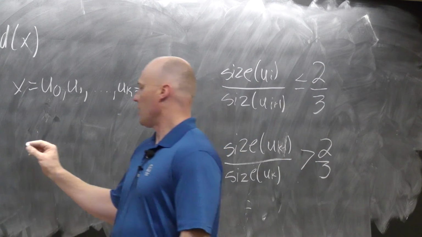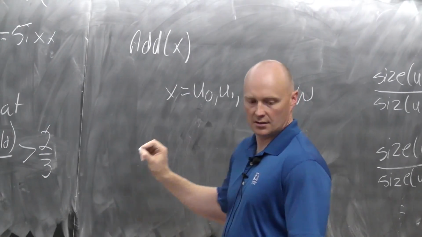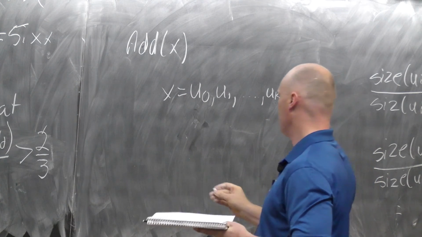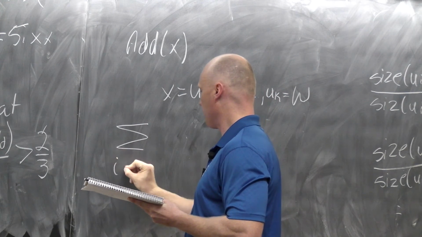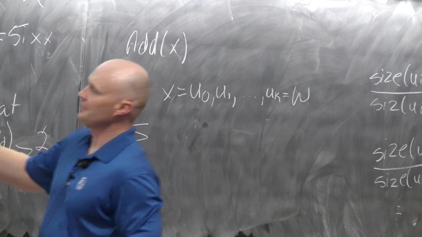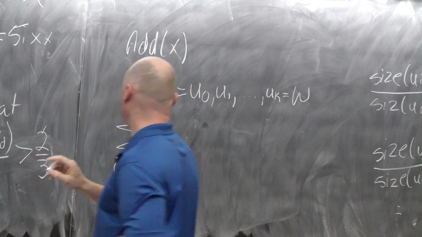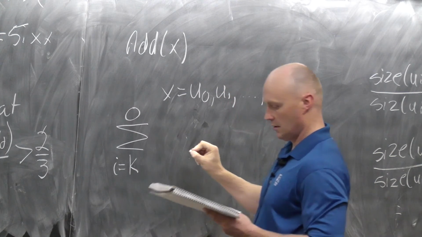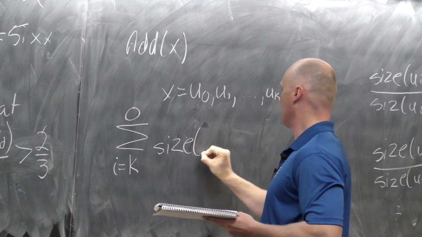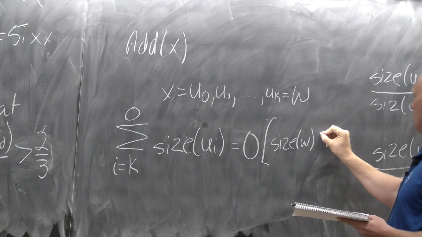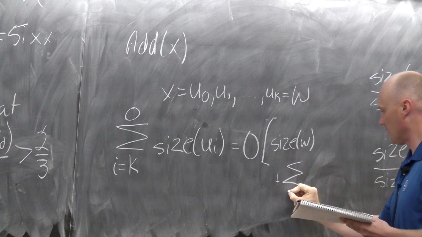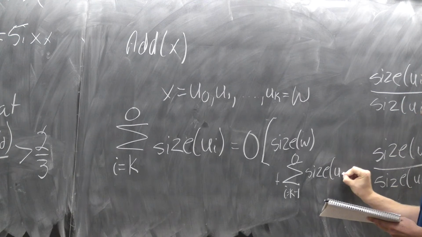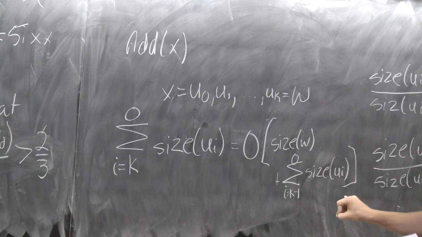So all of these calls, we take a summation from k down to 0 of the size of u_i, and that is the sum for i equals k minus 1 to 0 of the size of u_i.